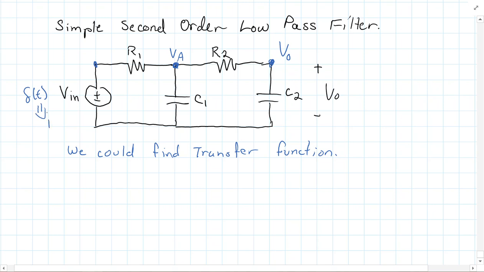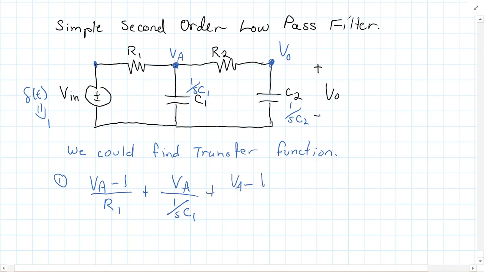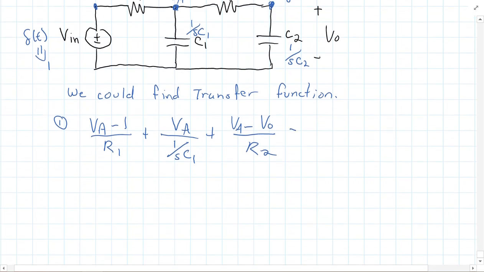So the Laplace transform goes to 1, and this is going to be 1 over SC1, 1 over SC2. And so you would wind up with two equations here: VA minus VN over R1 plus VA over 1 over SC1 plus VA minus VO over R2, and this is all equal to 0.